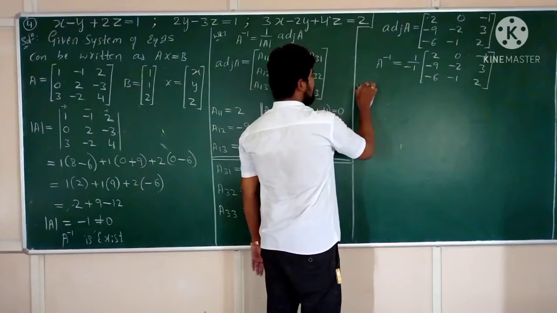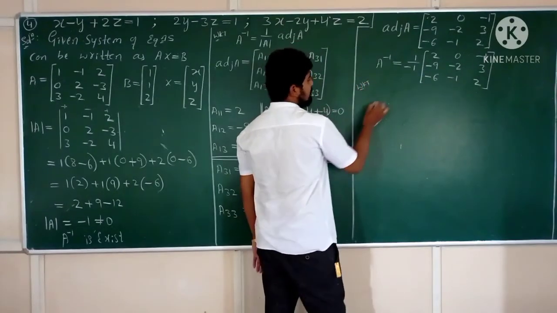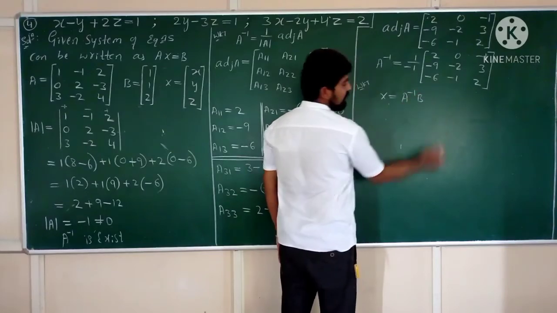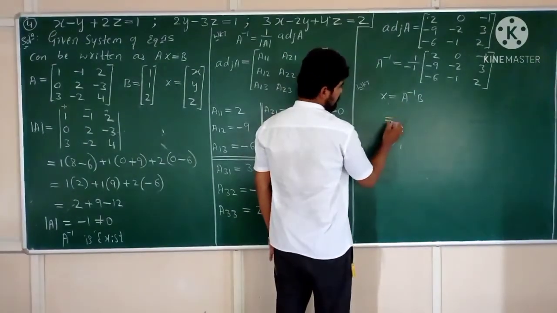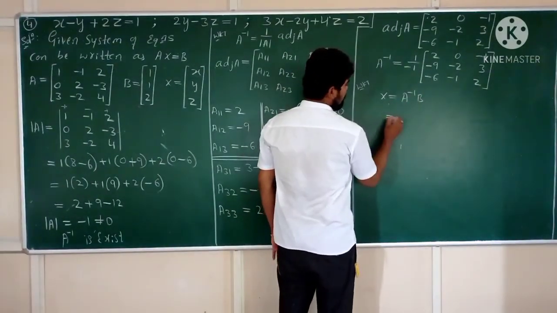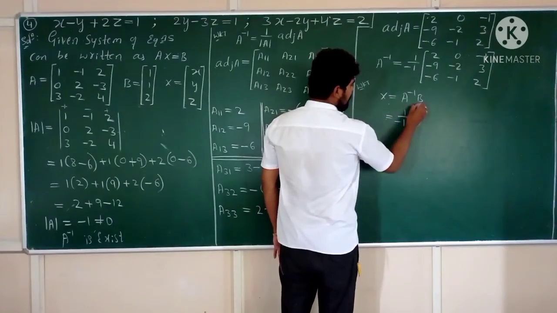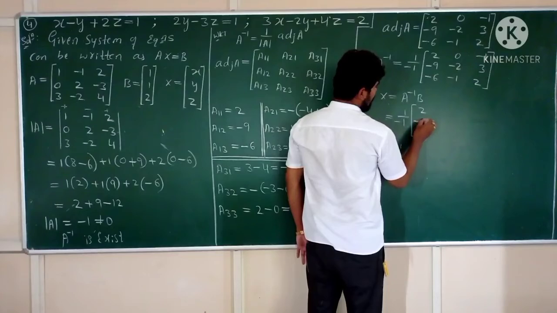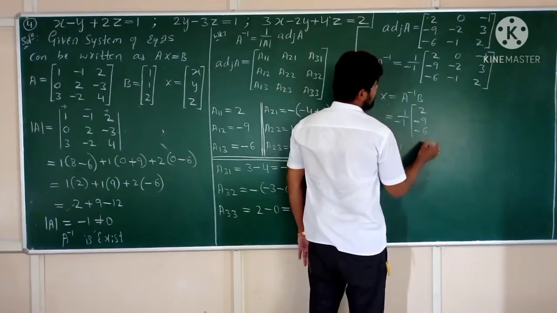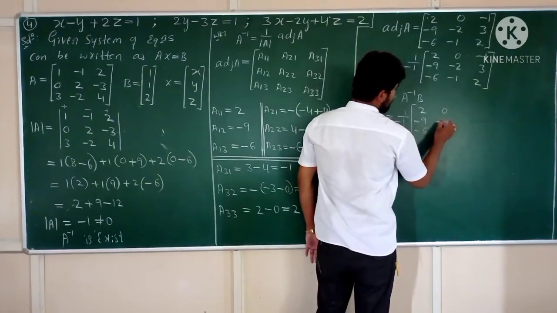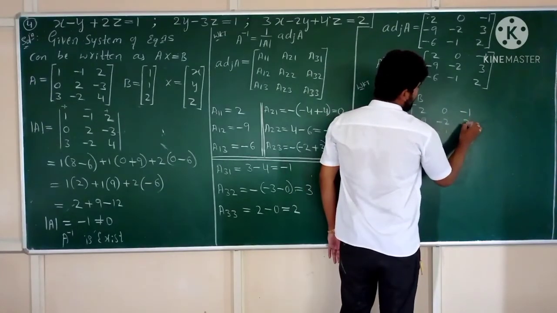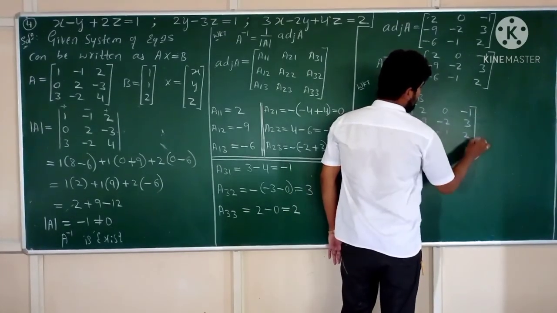So now the required unknown matrix X is equal to what? A inverse into B matrix, which is equal to 1 divided by -1 into the matrix 2, -9, -6, 0, -2, -1, -1, 3, 2.